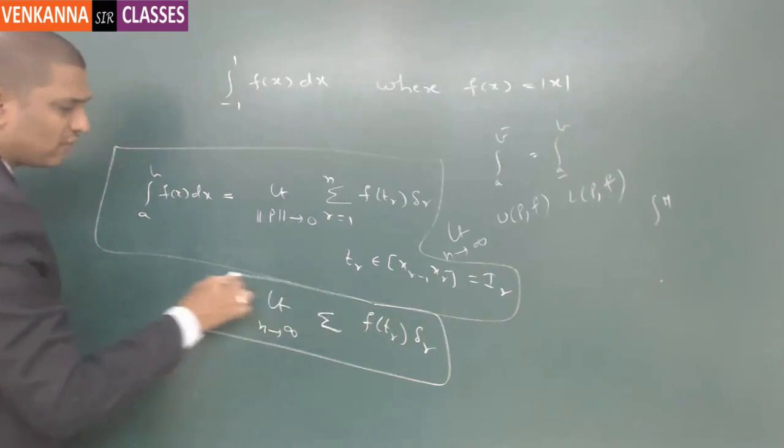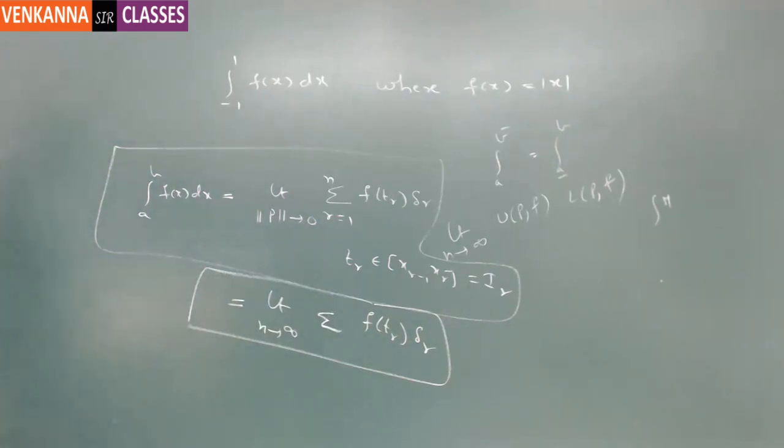So apart from calculating the lower integral, the upper integral, and the limits of UPF and LPF, this is the other technique to prove the value of the integral from a to b of f of x dx. Whenever the function involves modulus, we make use of this technique.